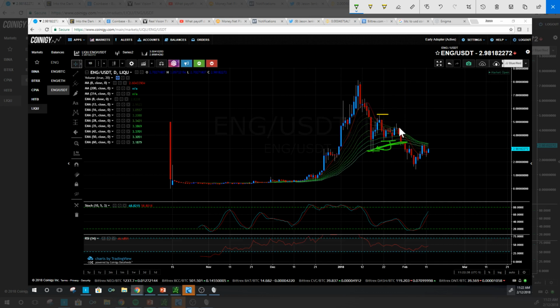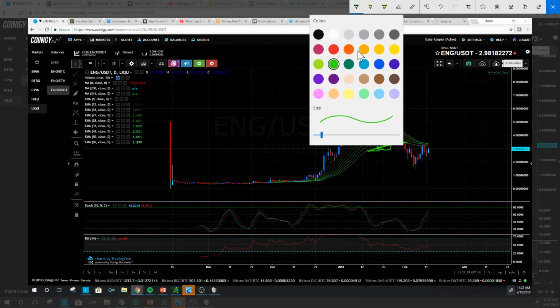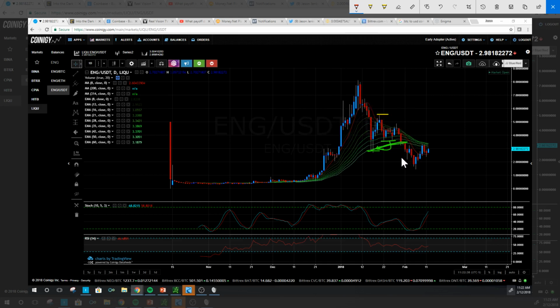So this long-term daily chart started to break down here with lower lows. And this is where we see a lower high here. This is a lower high relative to here. So this has established your intermediate term downtrend at the moment.